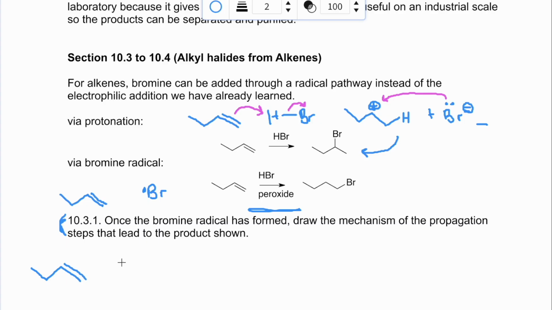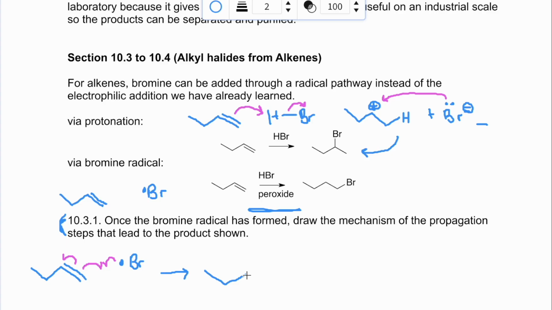All right, so if you've tried it for yourself, let's go ahead and see what we came up with. So here we have this pi bond splitting in a homolytic fashion, one electron going in each direction. One electron is going to form that new bond to bromine, and the other one is going to go onto a carbon.